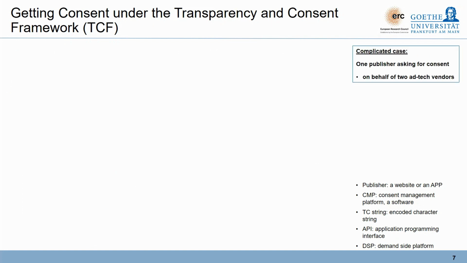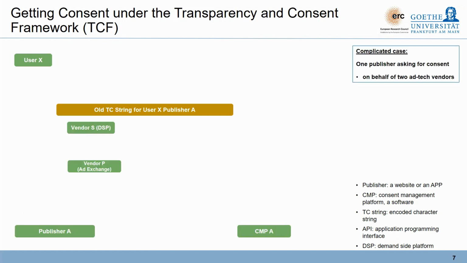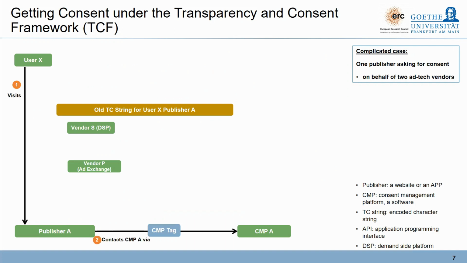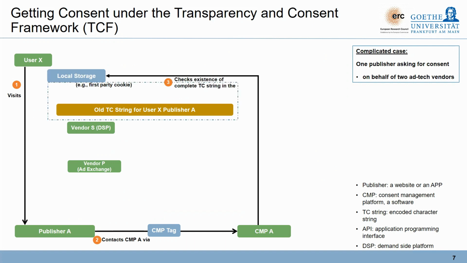Now let's move on to the complicated case where Publisher A starts selling the ad slots through another ad tech vendor, Vendor P, which is an ad exchange. Vendor S can only buy ad slots via Vendor P. When user X visits Publisher A, steps 1 to 3 occur again. CMPA checks the local storage of user X and finds out that consent for Vendor P is missing.